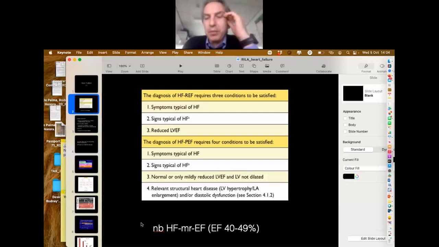They often describe effort limitation as the most common symptom, along with fatigue. So it can be quite specific symptoms at the onset, but later on it becomes more overtly related to dyspnea, orthopnea. That means breathlessness when you're lying down, and paroxysmal nocturnal dyspnea, i.e. waking up at night or after a period of recumbency during sleep with acute dyspnea.